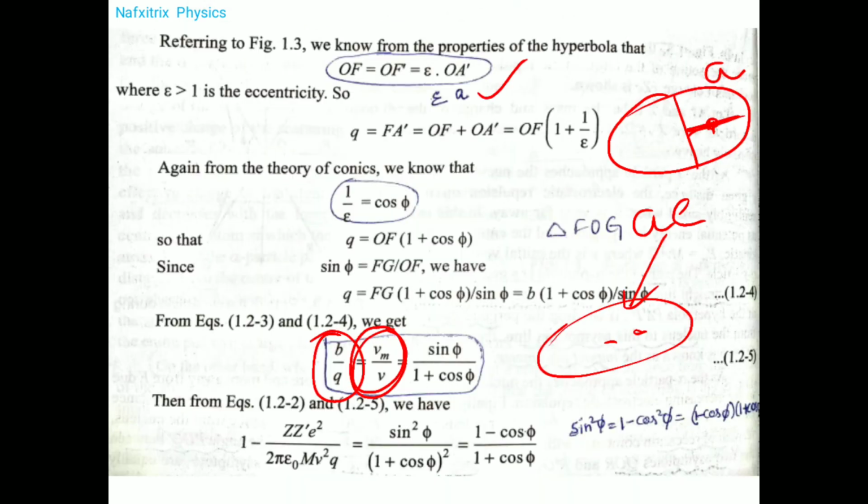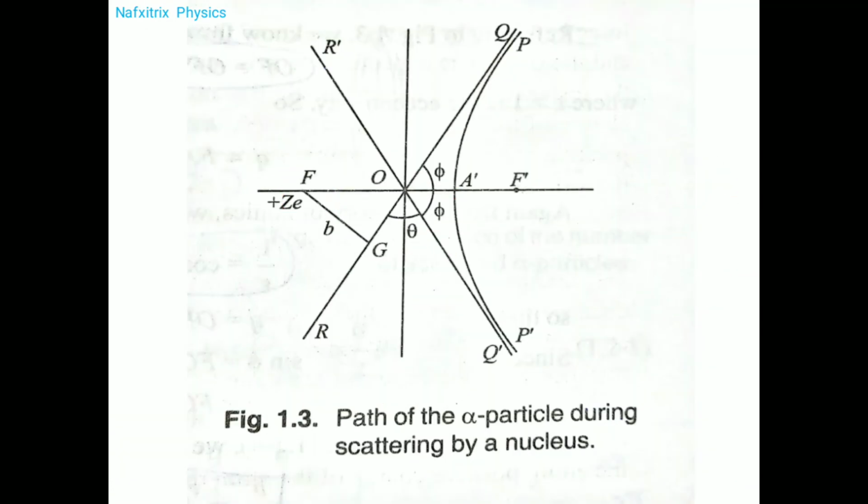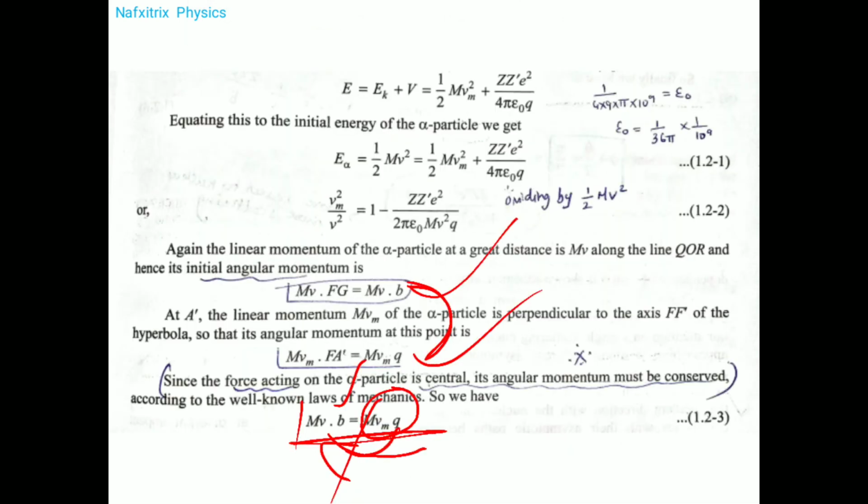So that one they have represented here from the properties of hyperbola. OF dash is nothing but E into OA dash. OA dash is nothing but A. And Q is nothing but FA dash, that is OF plus OA dash. OF is nothing but AE, OA dash is nothing but A. So AE plus A. That is the thing.